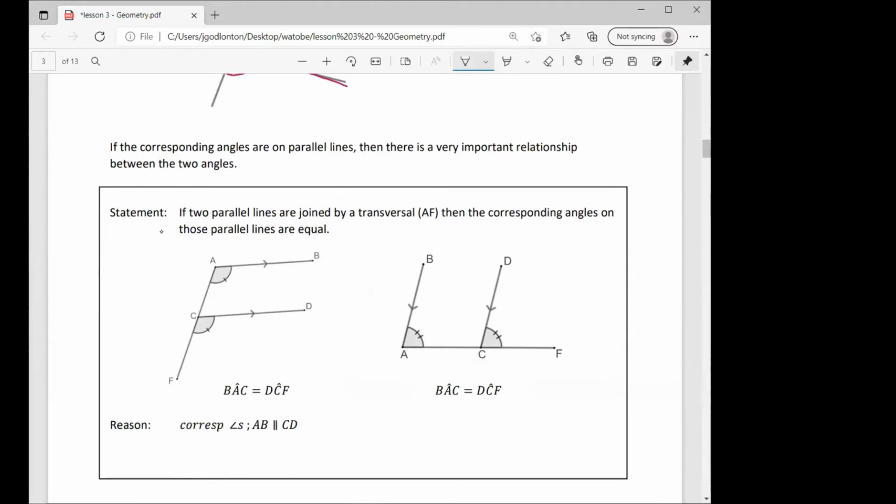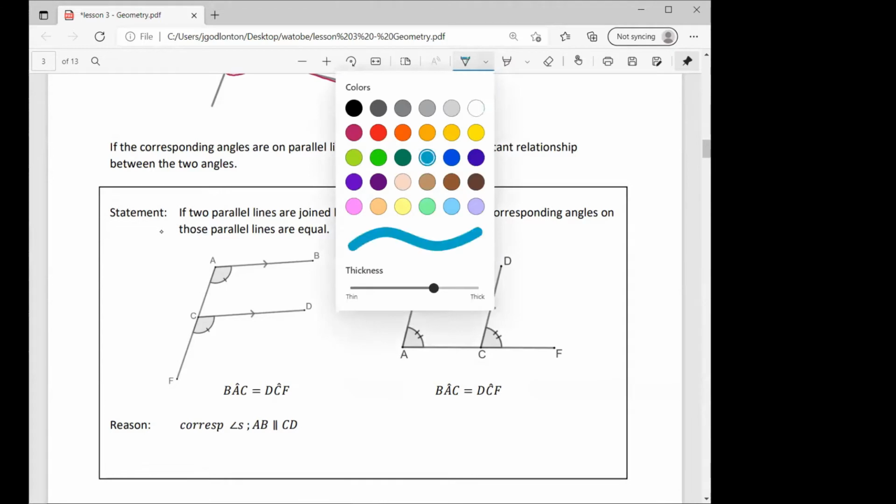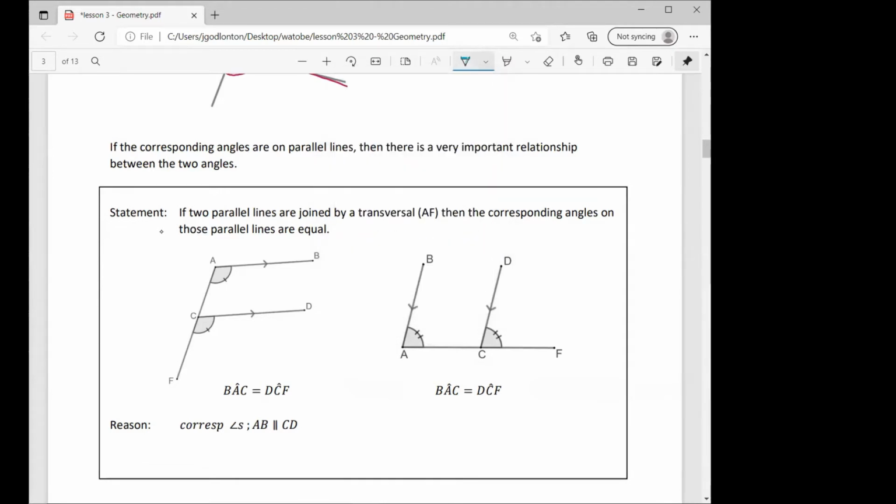So when we have parallel lines, you can choose which one of these you want to draw. You don't have to draw both of them. But here would be our parallel lines. And all we're saying is that this angle here would be equal to that angle there. That's what this statement is saying. And our reason is corresponding angles are equal.